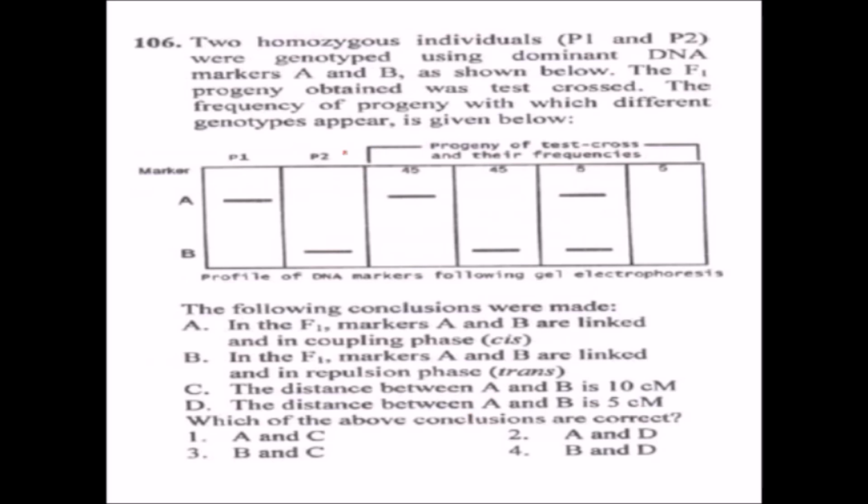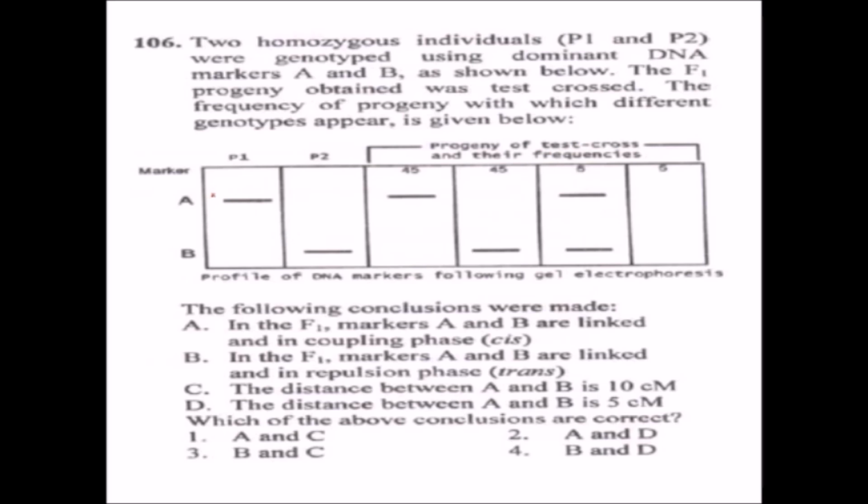Move to the next one. Two homozygous individuals P1 and P2 were genotyped using dominant DNA markers A and B as shown below. The F1 progeny obtained was test crossed. The frequencies with which different genotypes appear are given below.